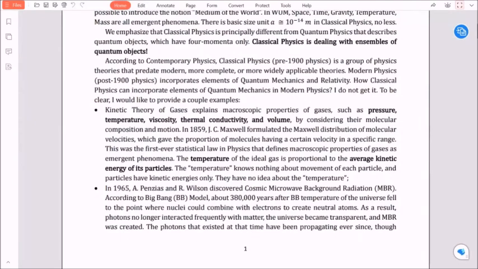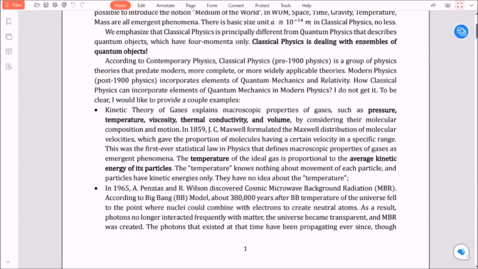In 1965, Penzias and Wilson discovered cosmic microwave background radiation. According to the Big Bang model, about 380,000 years after the Big Bang, the temperature of the universe fell to the point where nuclei could combine with electrons to create neutral atoms. As a result, photons no longer interacted frequently with matter.